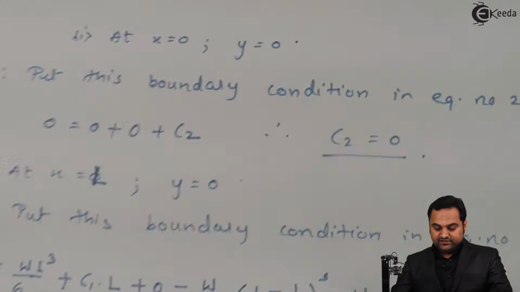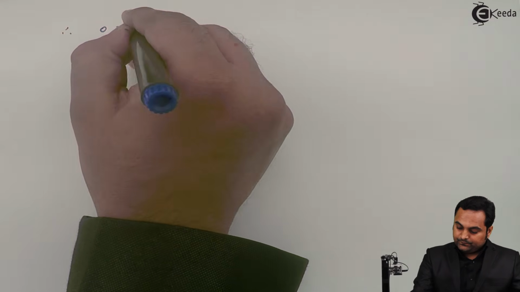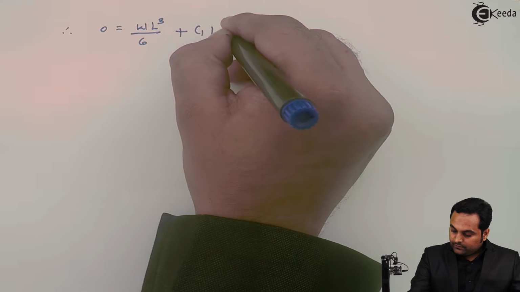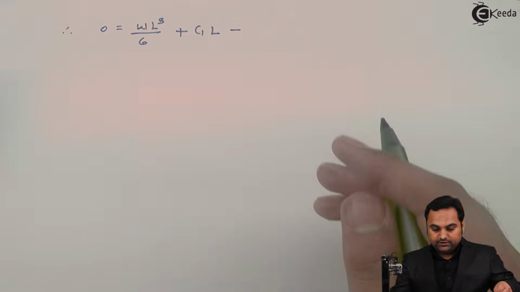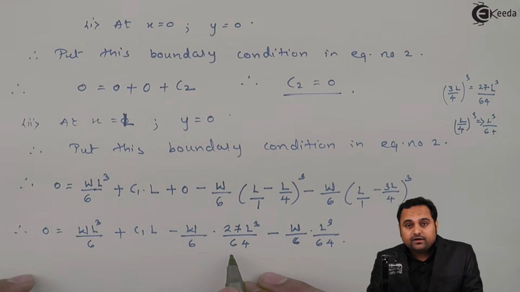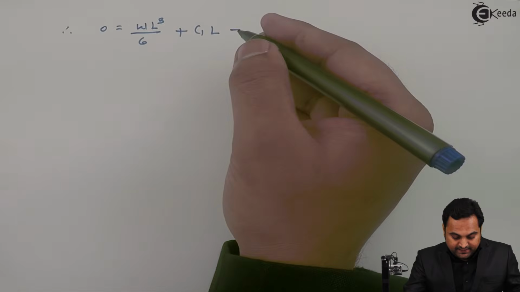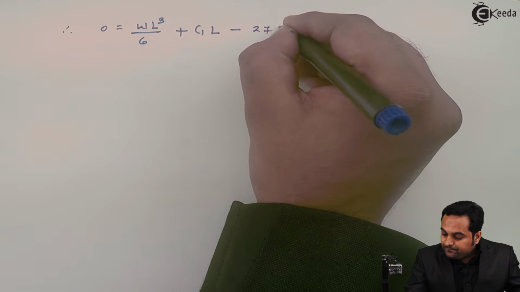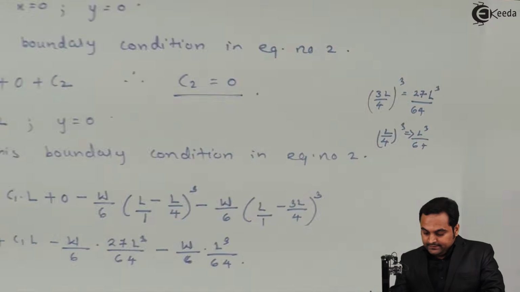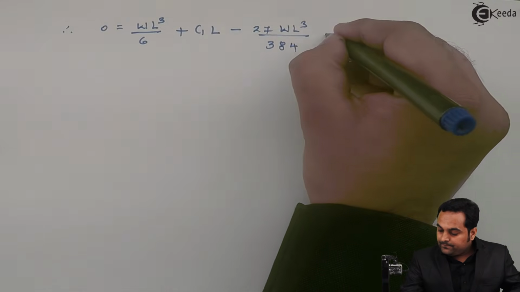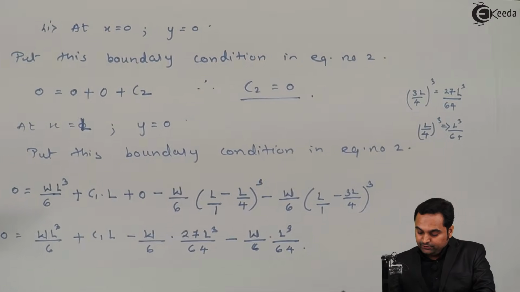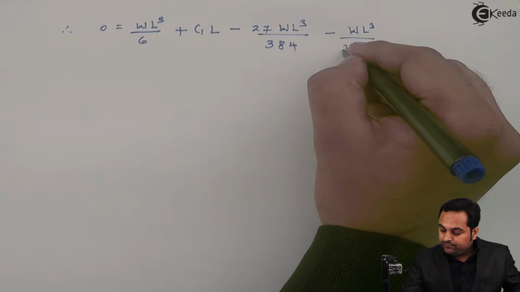So on further simplification, now minus, here 6 into 64 in the denominator comes out to be 384. So minus 27 WL cube upon 384, then minus WL cube upon again 6 into 64 in the denominator, that is 384.